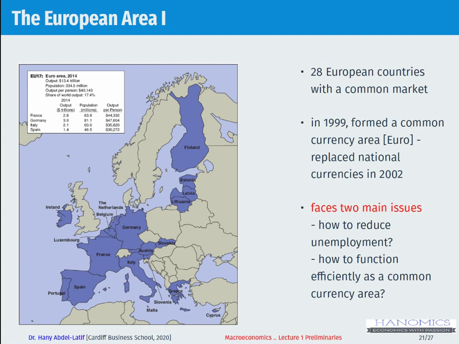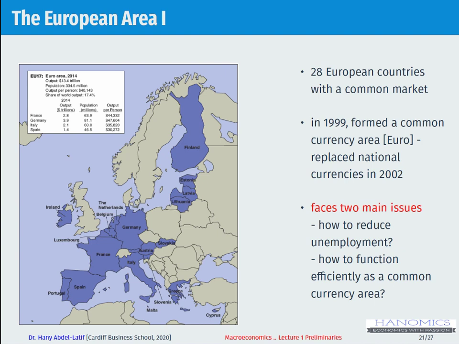If we compare this to the European area, we have 28 European countries with a common market. In 1999, they formed a common currency area, using the euro, which replaced their national currencies. So this area faces two main issues. First is unemployment.